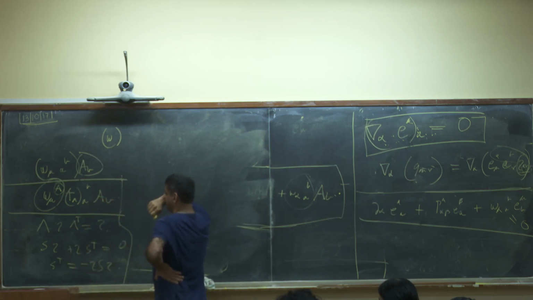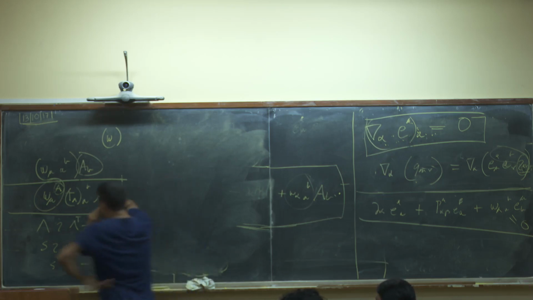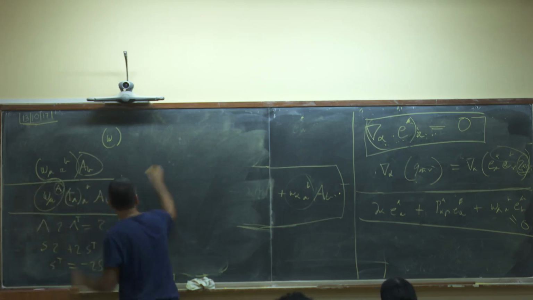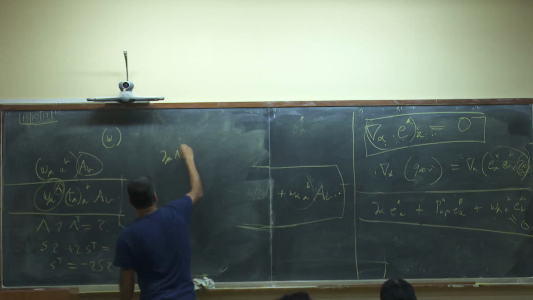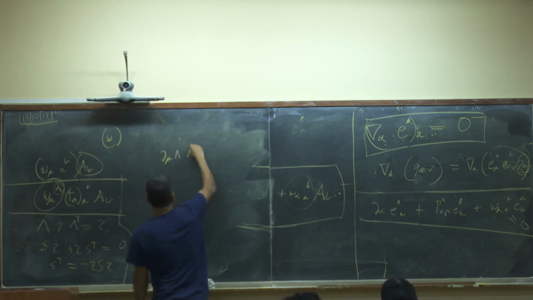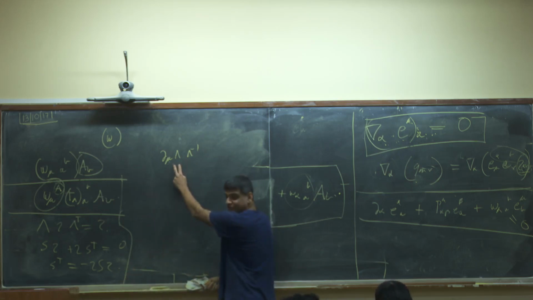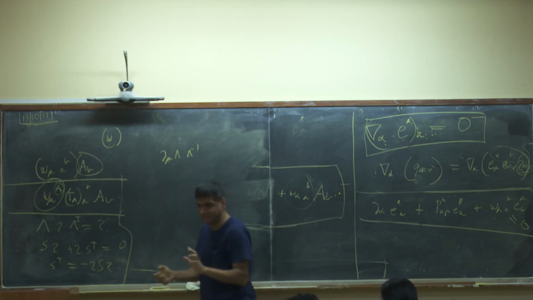Let me understand what the question is. You're asking why are omegas labeled by infinitesimal Lorentz rotations? Because omegas have to cancel d mu lambda lambda inverse, which are infinitesimal Lorentz rotations. Do you understand?